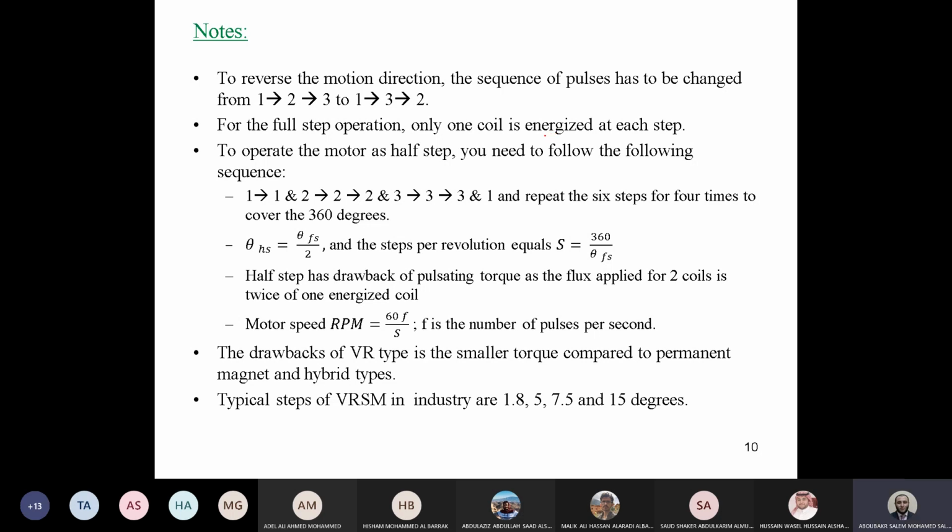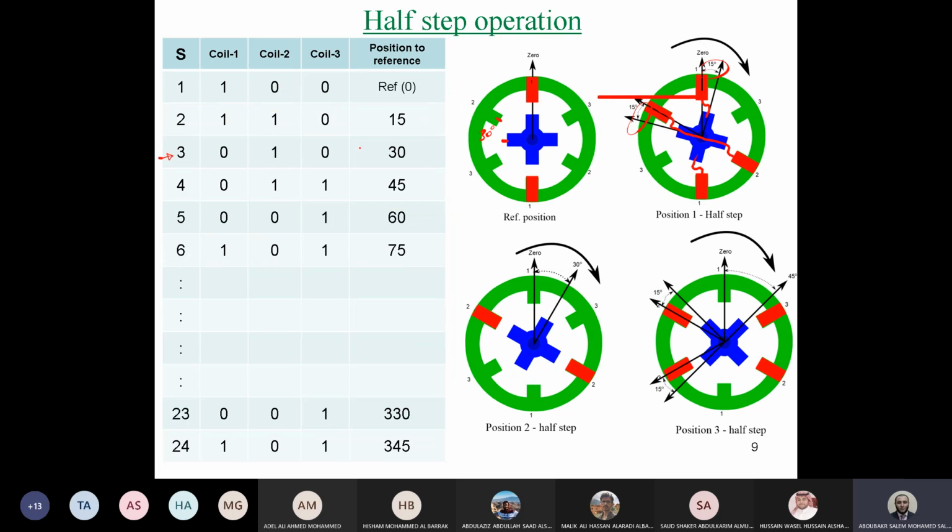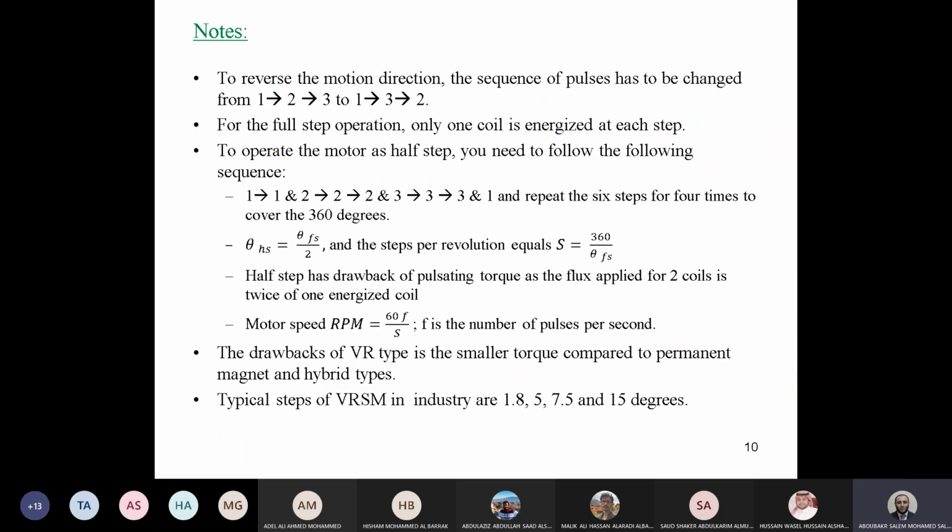As you could see in the lookup table for full step operation, at each instant or each step, you have only one coil energized. However, as you can see here, first step we have one coil, second step we have two coils, third step you have one coil. Right. Is there any issue if we make this sequence of pulses?